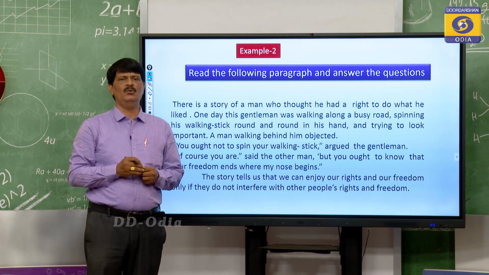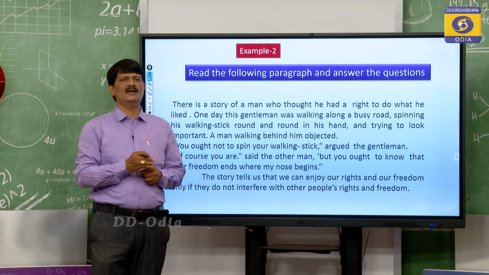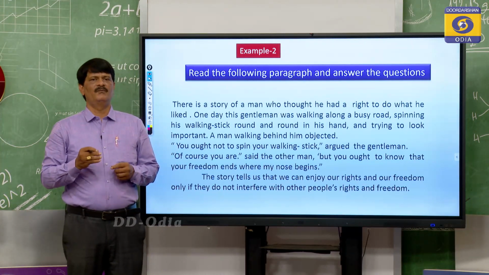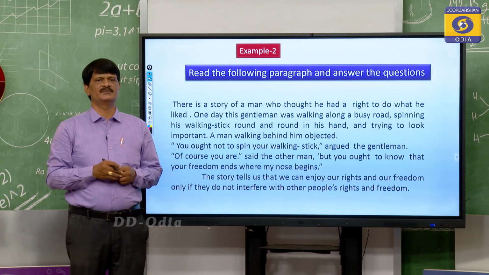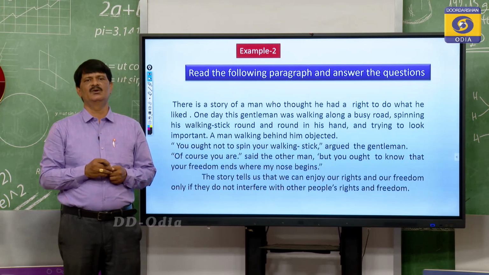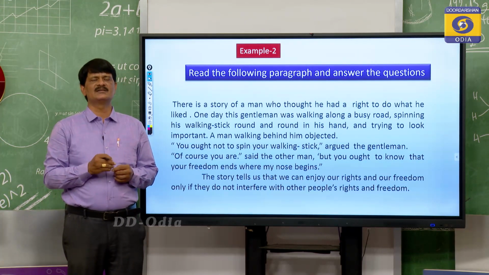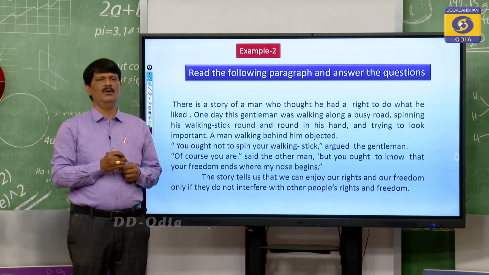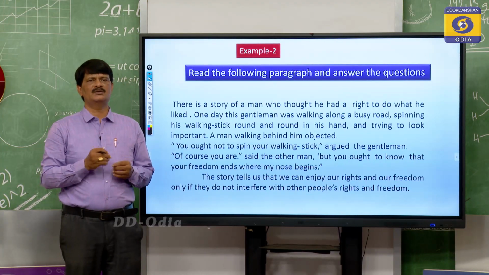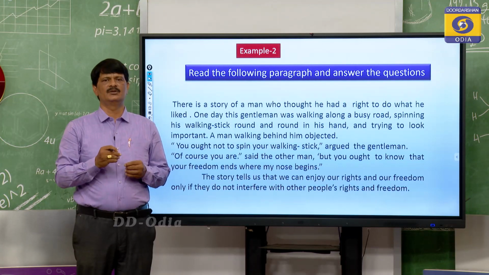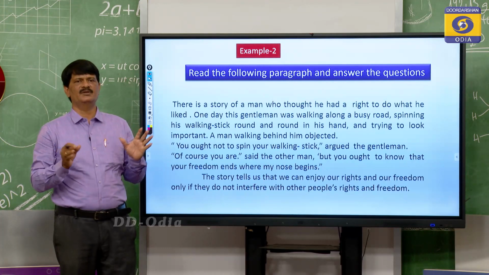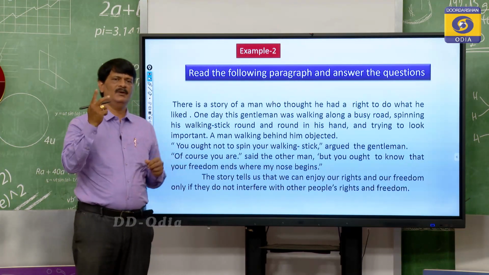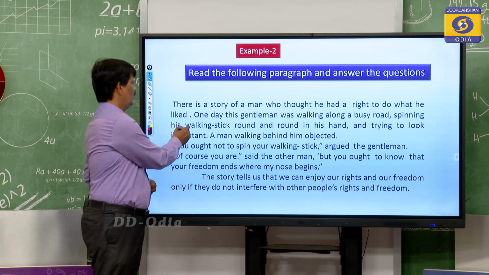Of course you are, said the other man, but you ought to know that your freedom ends where my nose begins. The story tells us that we can enjoy our rights and our freedom only if they do not interfere with other people's rights and freedom. This is the main paragraph. We read just 2 times, then we will go to the question.